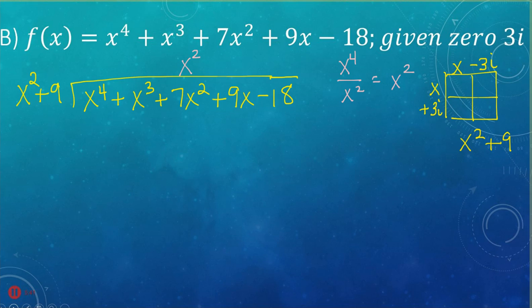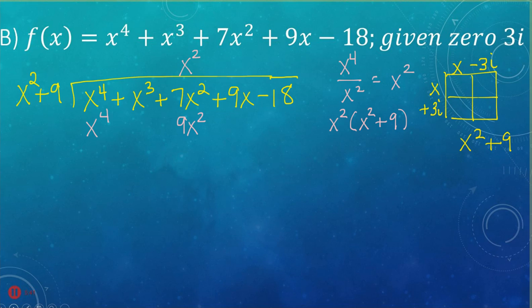Step number 2 is take that x squared and multiply it by x squared plus 9. So I'm going to distribute that and line up your coefficients. So that gives us x to the 4th plus 9x squared. And notice that I'm lining it right under its like term.